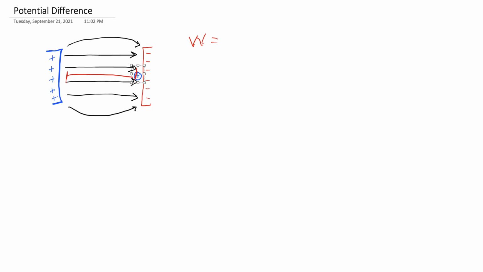Point number 2, I want to get one other equation that's not in your data booklet, and this might be helpful, but it's just a little trip down memory lane. Work is equal to force times distance, cos theta. So if I know that this is a positive charge inside an electric field, it has a force acting on it. How much work came out of it?